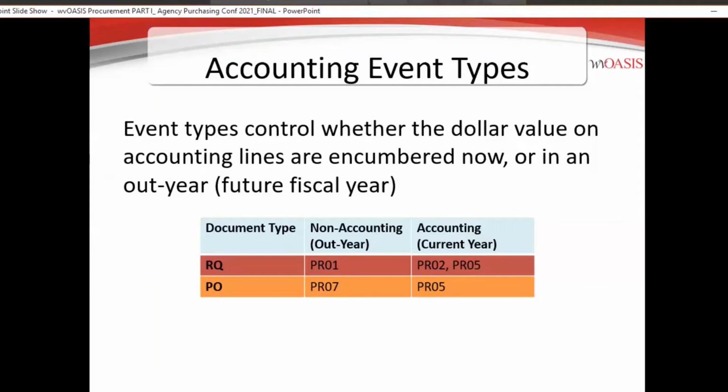You can create those accounting lines and use these event types to determine if that money is going to be committed or encumbered in the current fiscal year, or if it crosses years and you need part of that money reserved for the next fiscal year, it will automatically roll during our year-end closeout process at either the end of June or July, depending on the funding type, and encumber those funds that you've already set up with an out year for you.